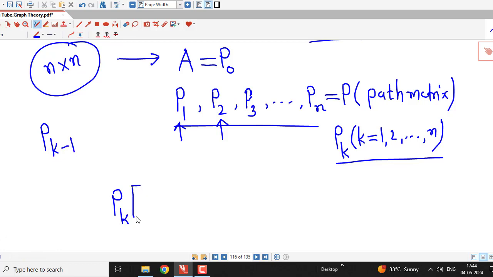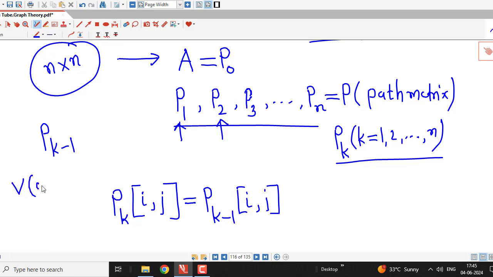For that we remember this formula: the ijth entry of the matrix Pk is given by the ijth entry of the preceding matrix, that is P(k minus 1), OR, and here we are using the Boolean operations OR and AND, which are used when the entries of the matrix are either 0 or 1.